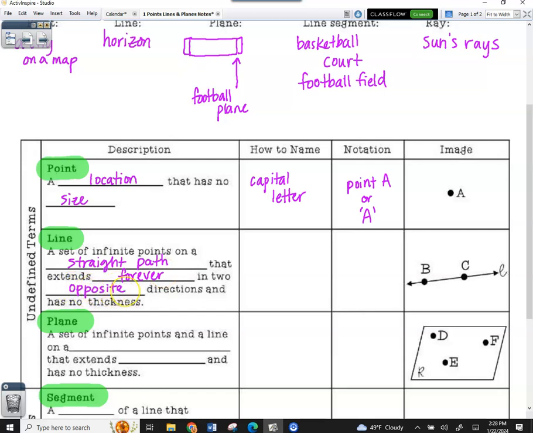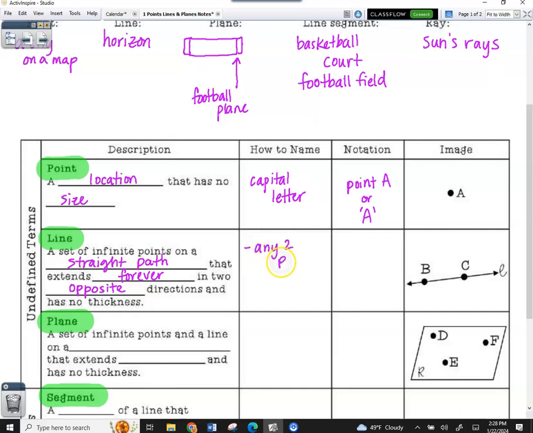All right, write all that down. A set of infinite points that extends forever in two opposite directions. How do you name it? Two ways.